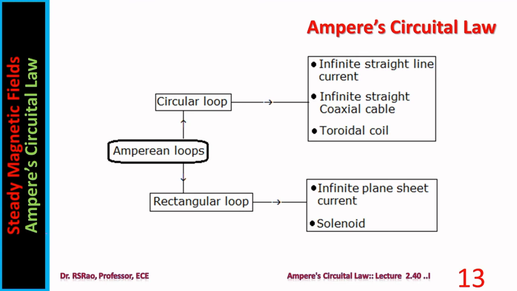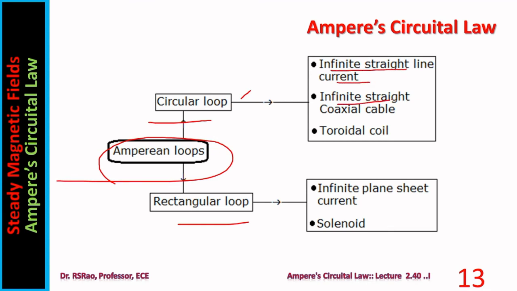Here is some information which is useful while applying Ampere's circuital law to find field intensity. Amperian loops are two in number. One is circular, another is rectangular. A circular loop is used in the case of an infinite straight line current, infinite straight coaxial cable, toroidal coil, and a rectangular loop is used for infinite plane sheet current and solenoid. What are these current distributions?